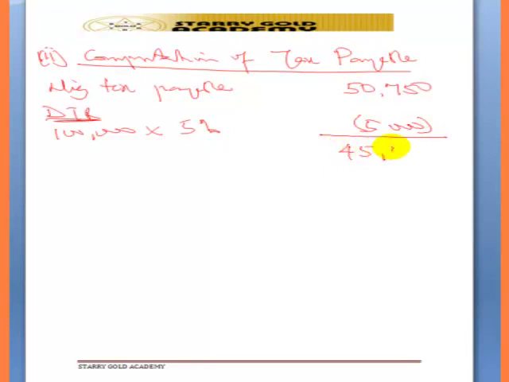So we have 45,750 as the balance, and from here we are going to deduct the PAYE that has already been deducted. Tax already paid in Nigeria, that is 25,000.